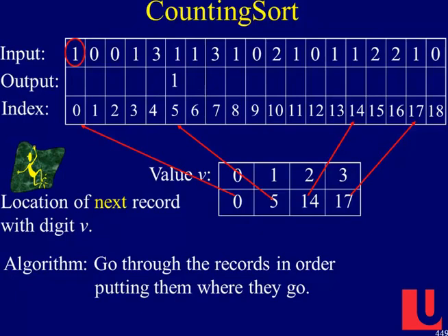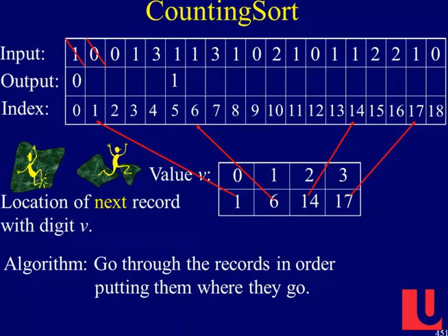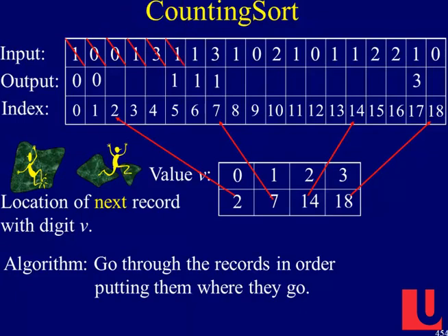Where does the next 1 go? 6. So we change that to a 6, right? And then we get a 0, and the next one goes to 1, right? Does that make sense? And so we get a 0, we move, we get a 1, we move, we get a 3, and we move, right? We keep going. Everybody follow this algorithm?